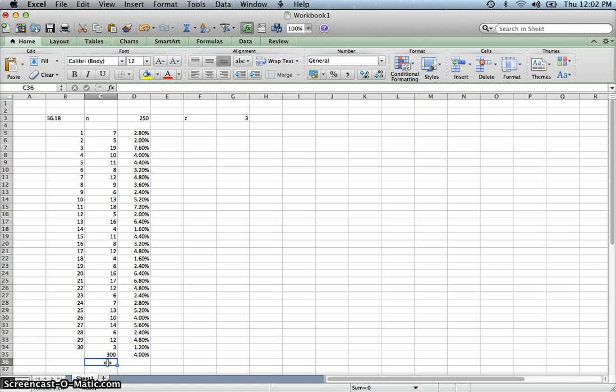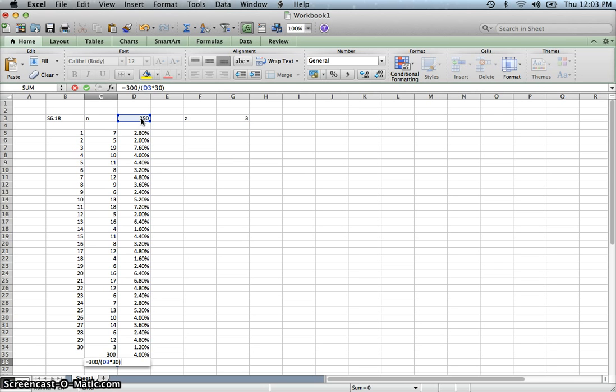And so to figure out the average, you take the 300 defects and divide them by 250 times 30 days, so that's the total number of 250 each day for 30 days.